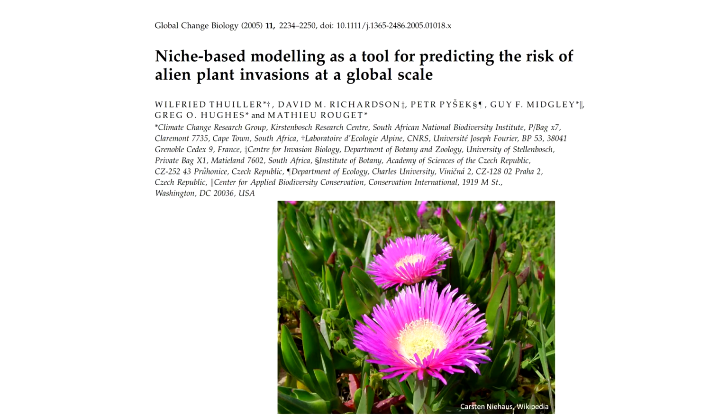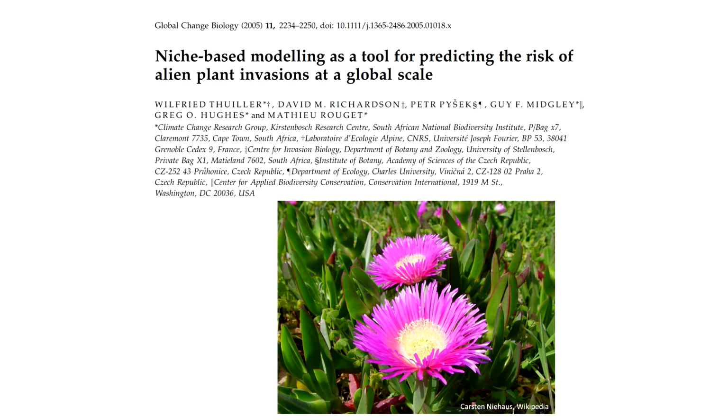So what I want to do, to finish with, is give you one more example that I think is a really nice one. Another author we've come across, Wilfred Thuiller, a 2005 paper where they looked at using niche-based modelling, or species distribution modelling, for predicting the risk of alien plant invasions at a global scale.